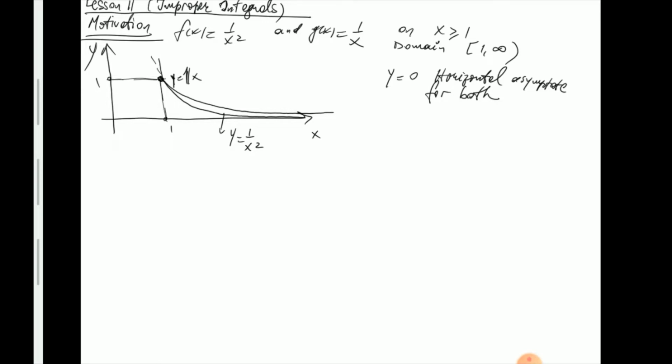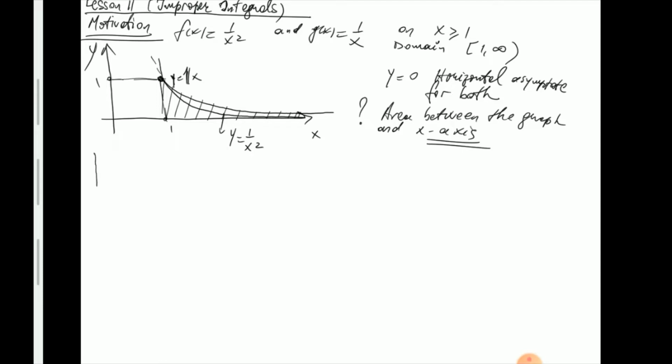All right, so what if I ask, what is the area between the graph of each of these functions and the x-axis over its domain, of course? So for example, for the function g of x, 1 over x that sits on top, the area is basically a shape that is never closed, right? Because the function approaches 0, but it never actually touches the x-axis.